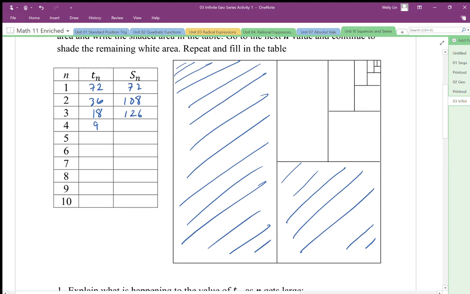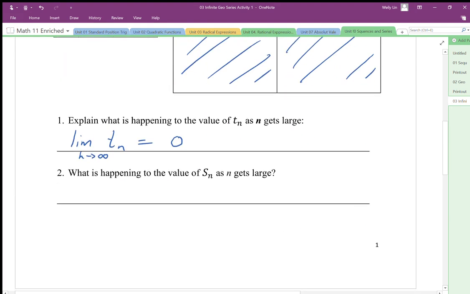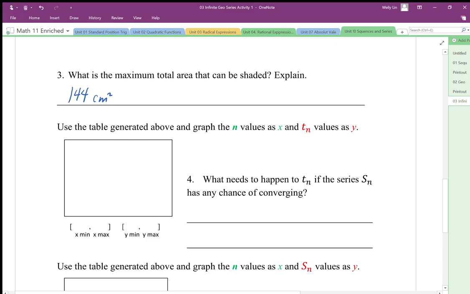There is no possibility that we can get past 144 centimeters squared, because we cannot shade outside the original square.